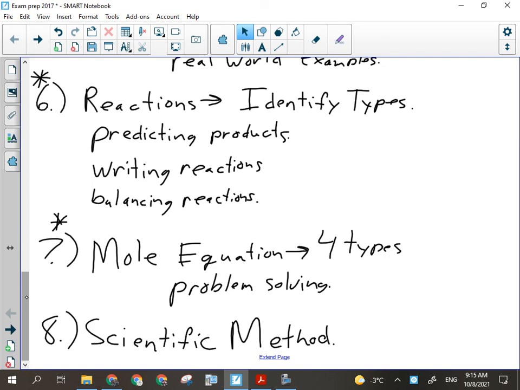Atomic history and structure. Naming and writing chemical formulas.